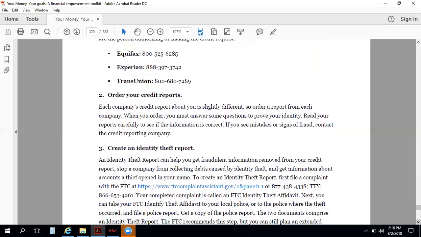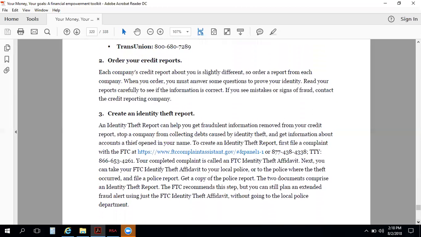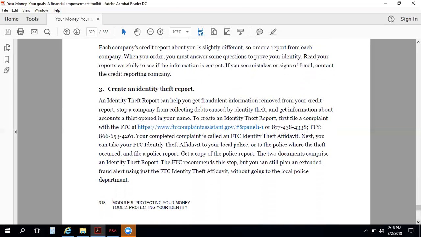They can also create an identity theft report. Identity theft reports can help get fraudulent information removed from the credit reports. So if there's an account on an Experian credit report, for example, that has been verified as fraudulent, the client can work with the FTC to get that removed from the credit report and with the credit bureau.